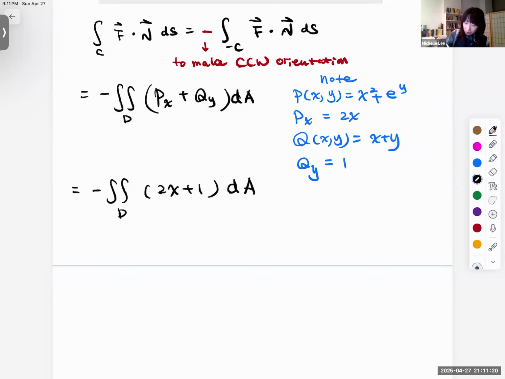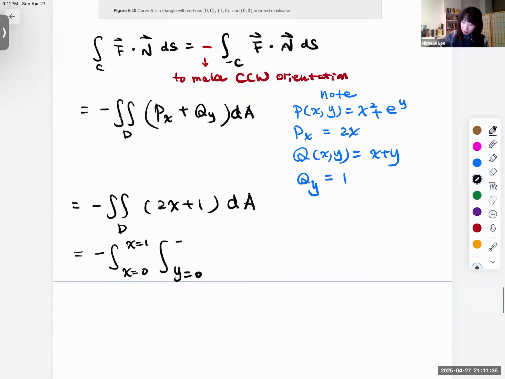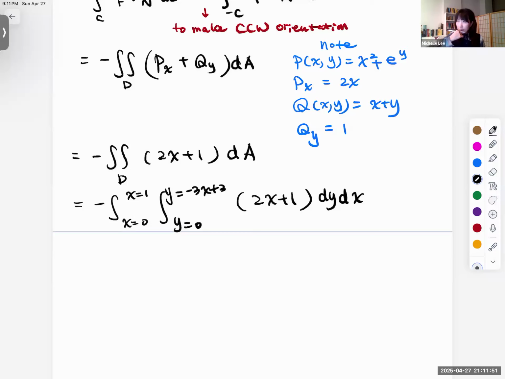Let's continue. Negative integral with x from 0 to 1, and y from 0 to negative 3x plus 3, of 2x plus 1 dy dx.